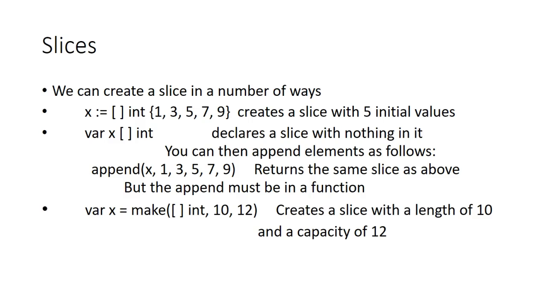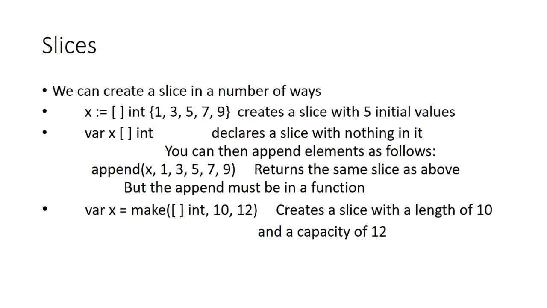So let's just do this. I'm going to say var x equals make. Let's read this in English before I type it in code. I'm not going to copy and paste. I'm just going to read it and then type it directly into the Go playground. We're declaring x to be a variable, and the variable is the result of the make function. Make is a function.